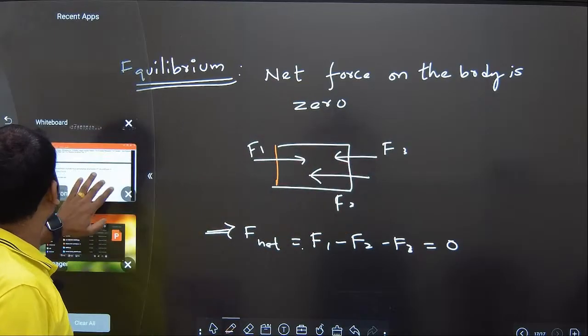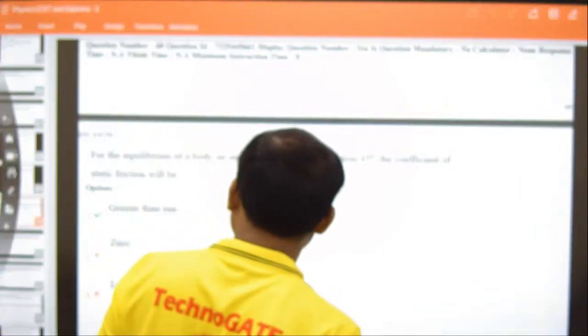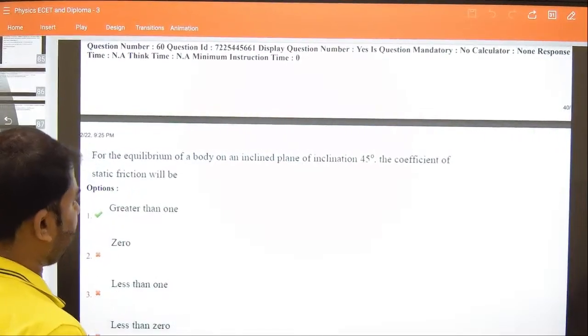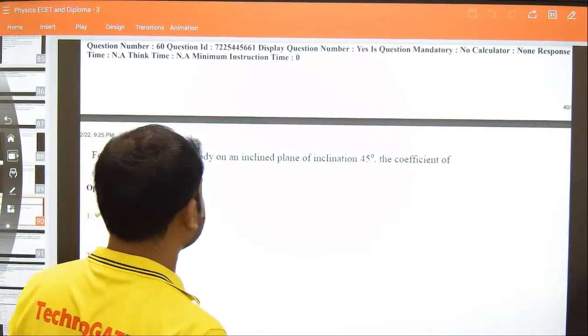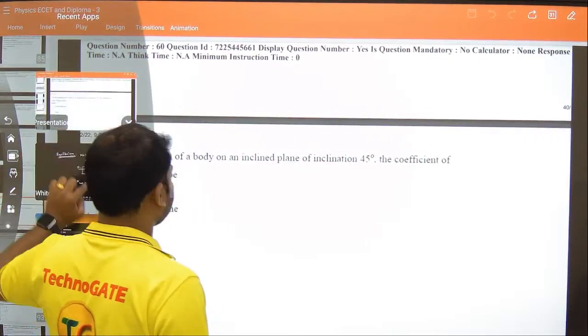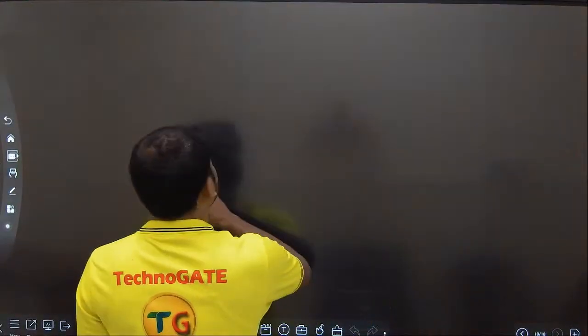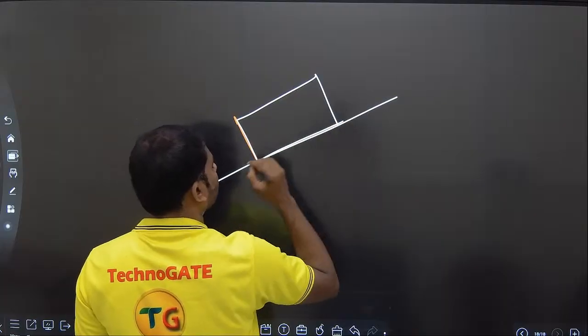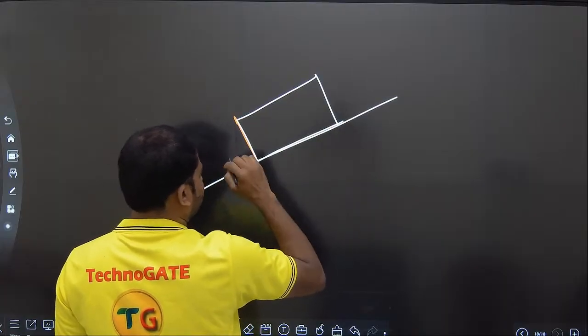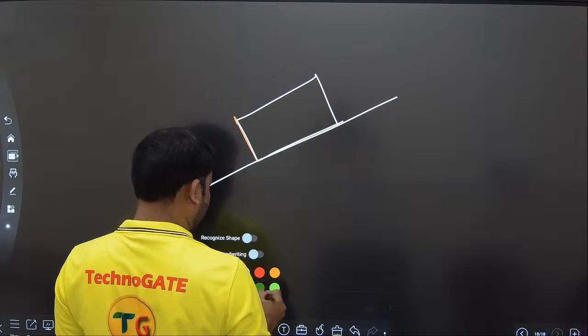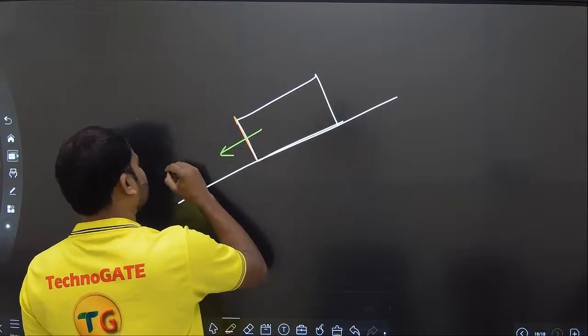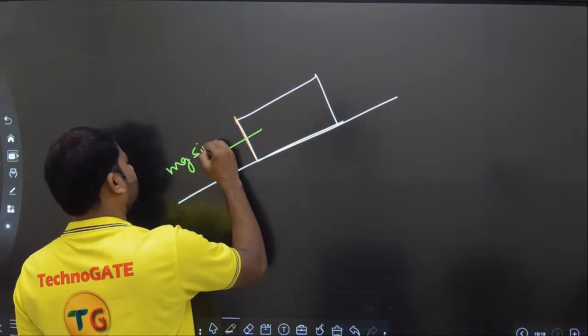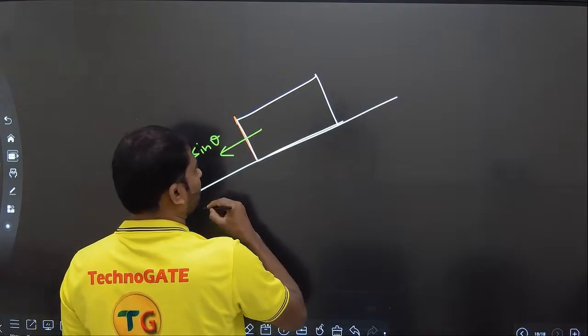Now what they are asking is, for the equilibrium of a body on an inclined plane of inclination 45 degrees, what the coefficient of static friction should be. That is, if this block on an inclined plane has to stay at rest, then this block has mg sin theta acting on it, okay, clear?